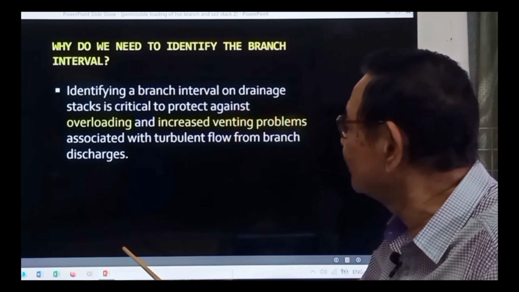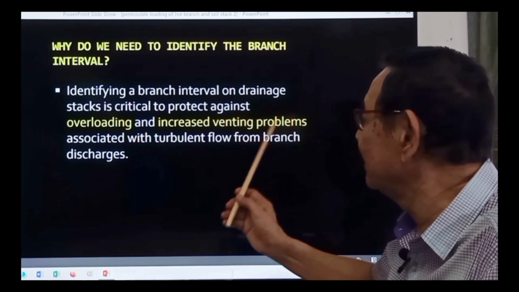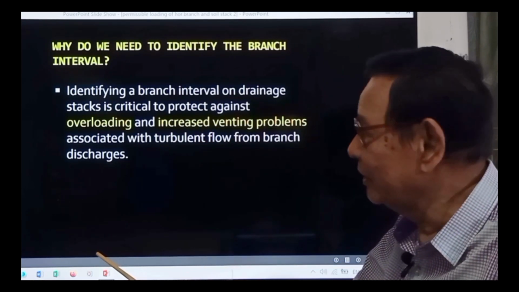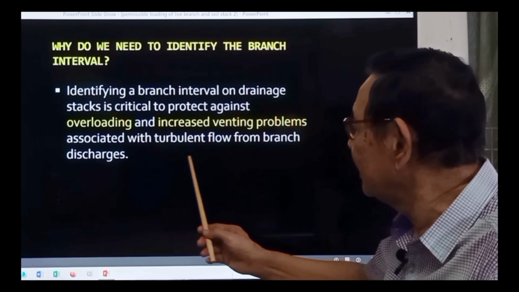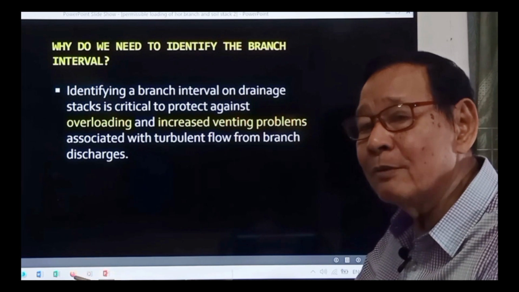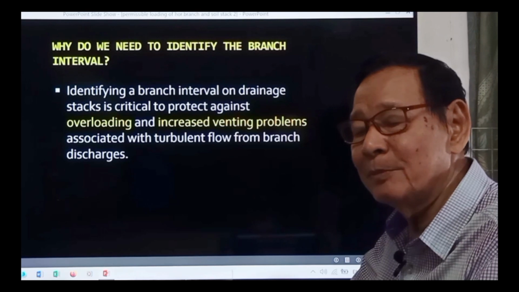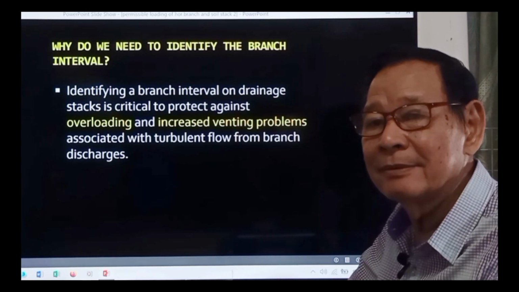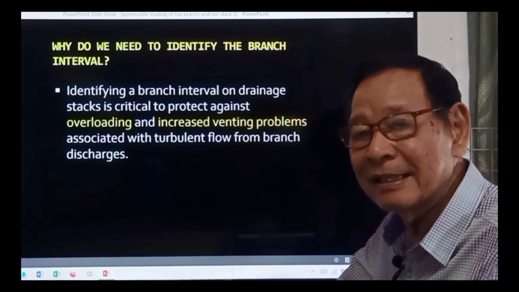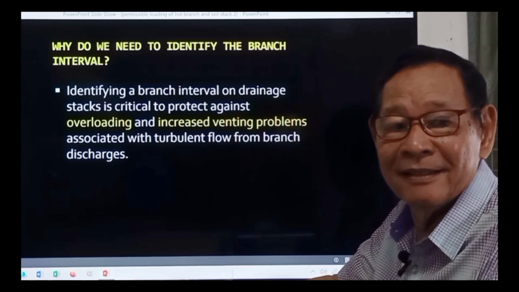Identifying branch interval on drainage stock is critical to protect against overloading, increased venting problems associated with turbulent flow from the branch discharge. So, turbulent ang lalabas. Bakit? Bagsak ka turbulent. Yung kitchen sink natin, na-obserbahan nyo ba pag pinuha yung drain, it's whirling?